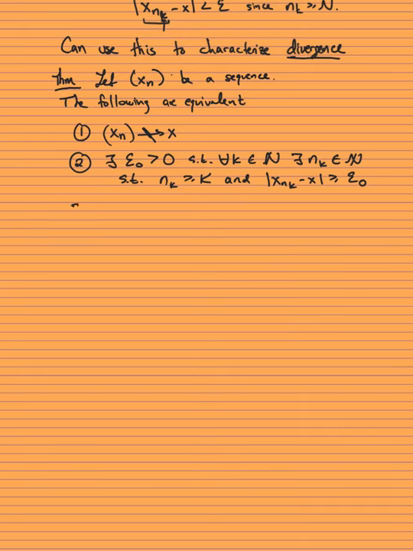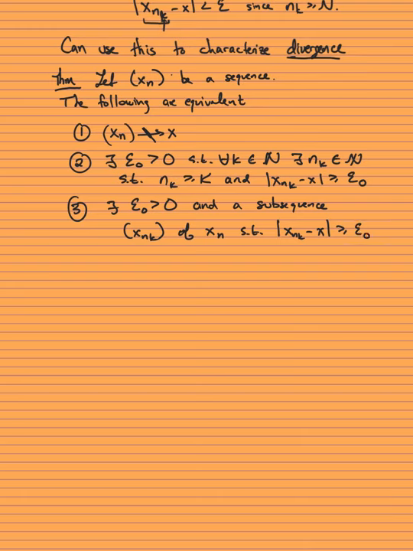Or the other way to say it is, there exists some epsilon naught greater than 0 and a subsequence x sub n sub k of x_n, so that |x sub n sub k minus x| is greater than or equal to epsilon naught for all k.